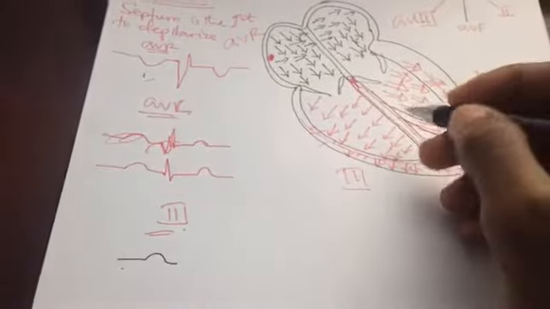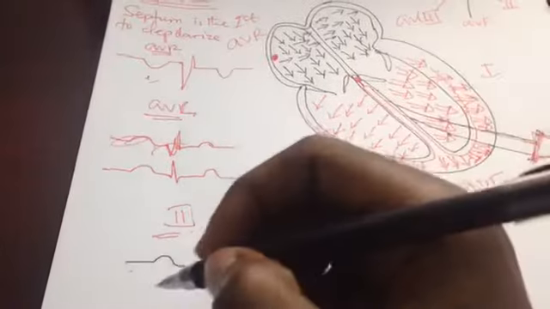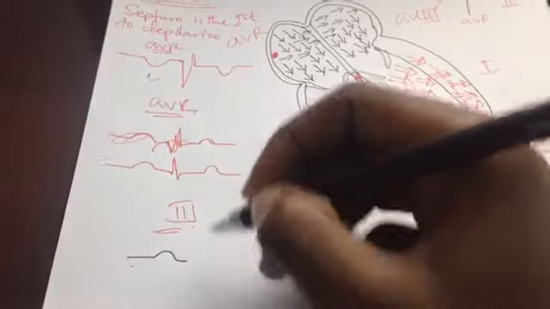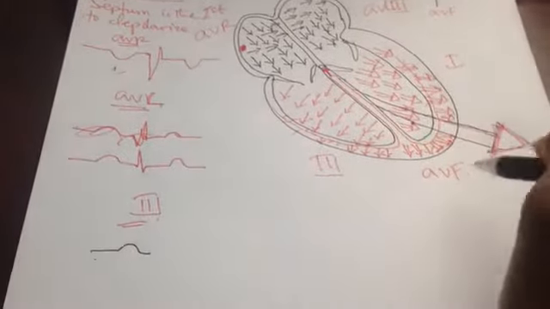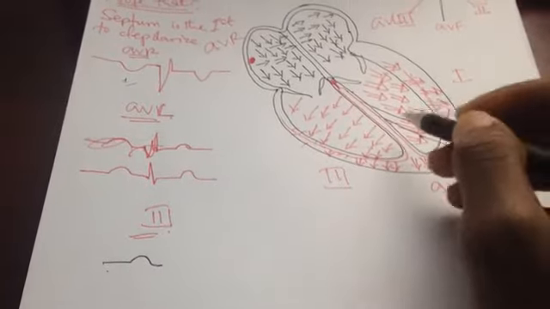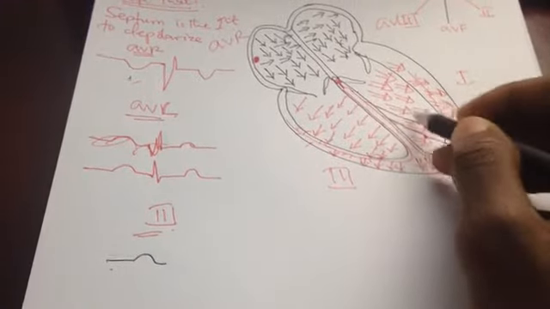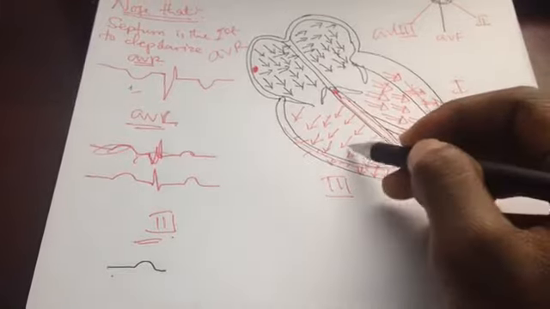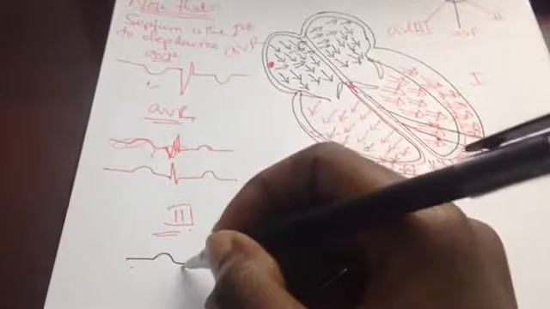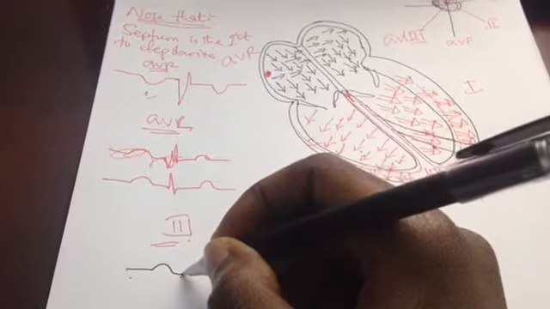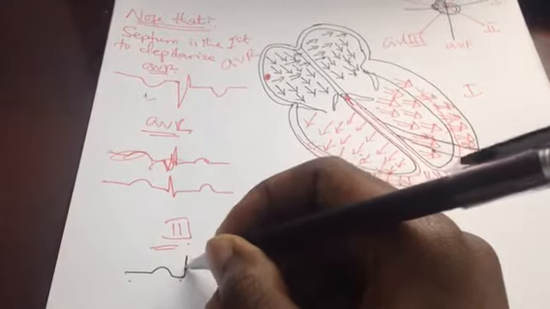And then the QRS complex is also going to be a positive deflection, but it is not going to be as tall as in lead 2, AVF, and even lead 1, because the impulses are not as strong. See, these are very strong and these are very thin, so they are less strong than this. So that's why the QRS complex is going to be positive, but very short.